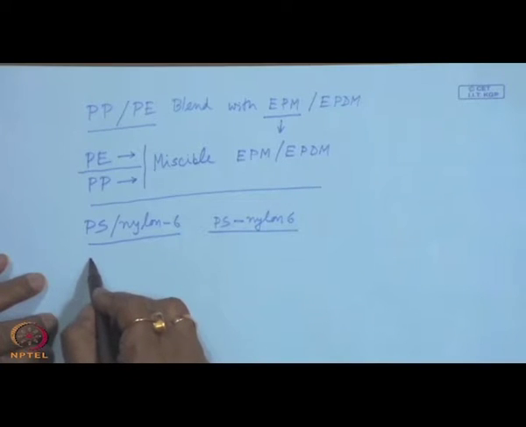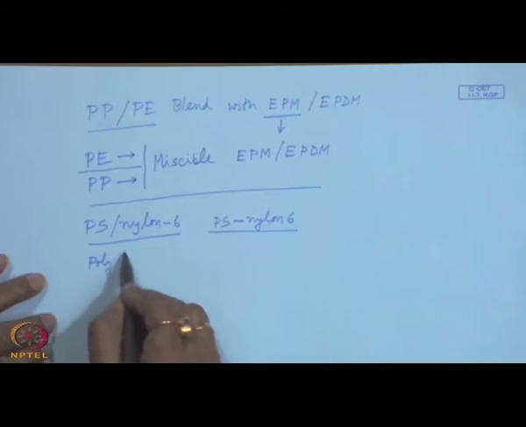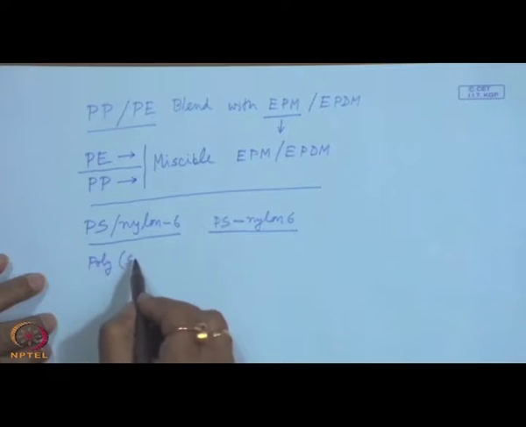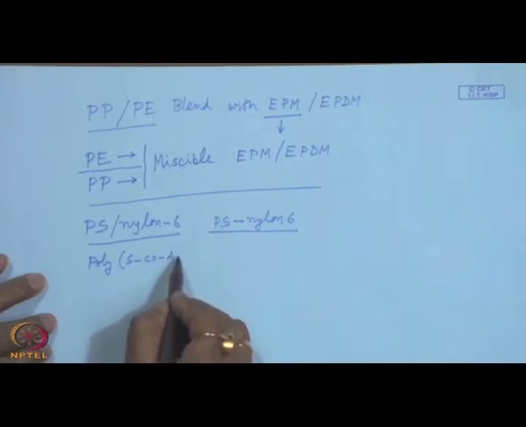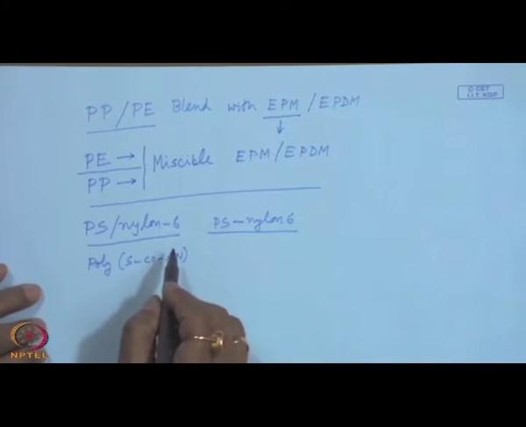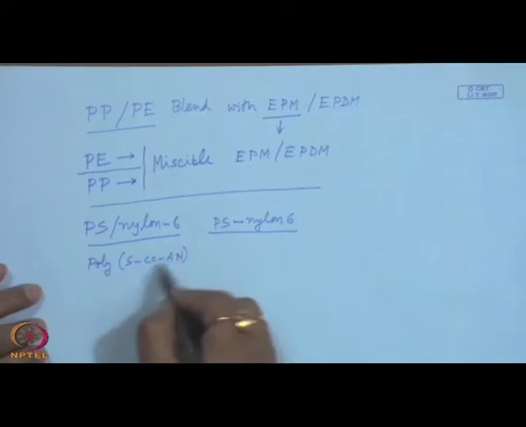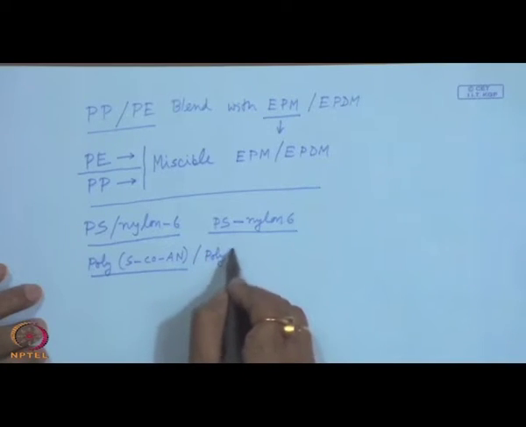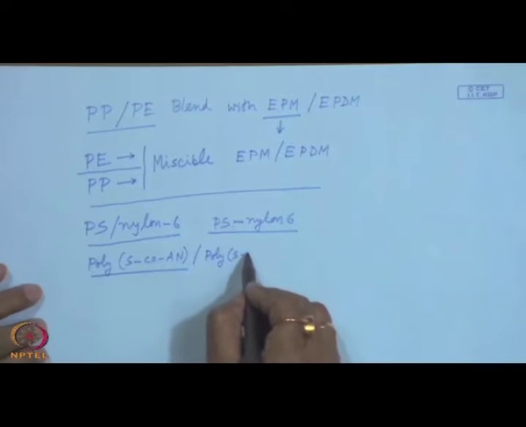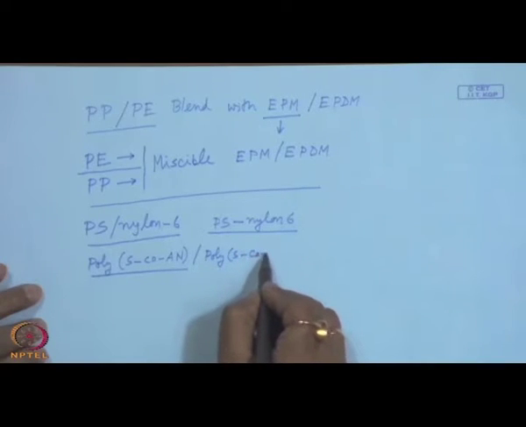Another example is polystyrene copolymer with acrylonitrile, styrene acrylonitrile copolymer. One component polymer. Another component polymer is polystyrene copolymer with butadiene.